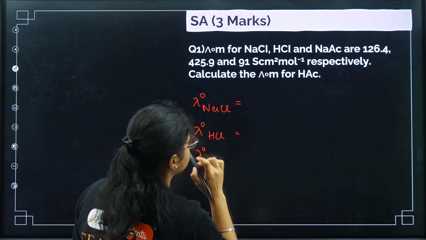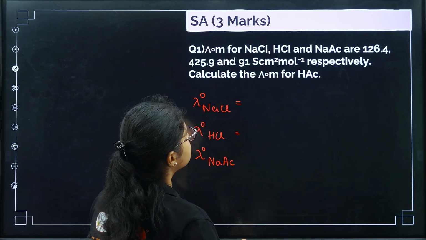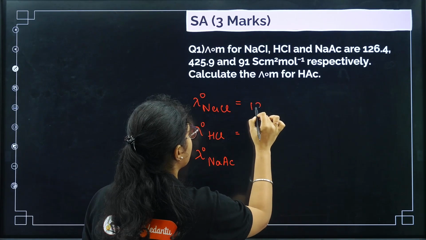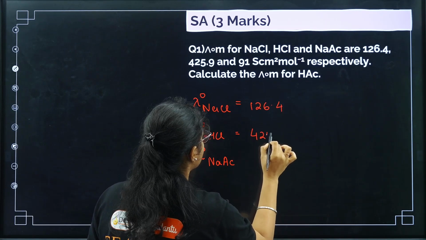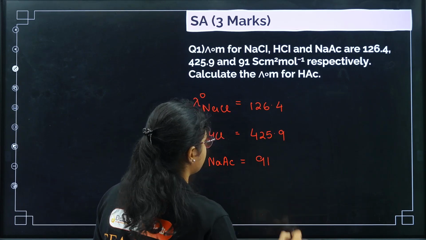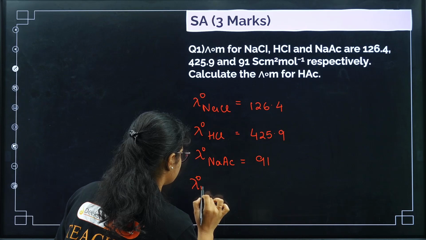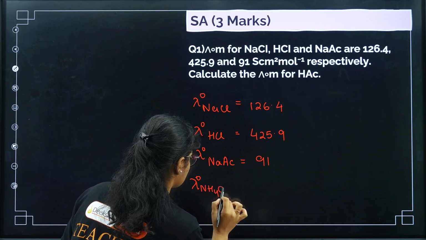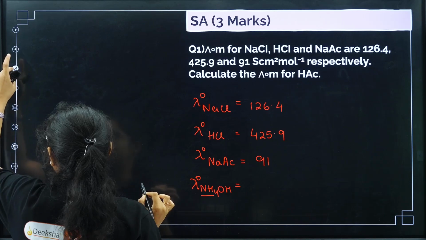NaCl is 126.4, then this is 425.9 and this is 91, okay. Now if I want to solve this one, I need lambda naught of HAc, right.